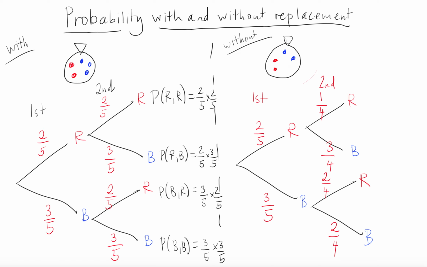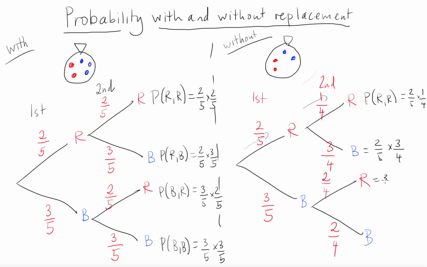And to get the combined probabilities, again I multiply along the branches. So probability red red is going to be 2/5 times 1/4. This is going to be 2/5 times 3/4.